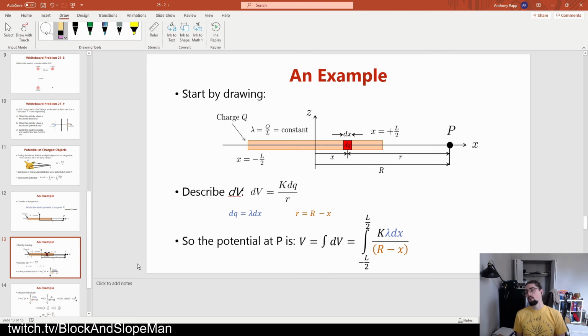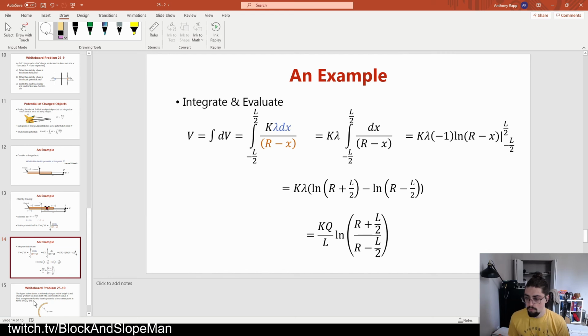So we said r is equal to capital R minus x. Then we would just need to do the integral of that. Well, k and lambda are both constants. Go ahead and pull them to the outside. The integral of 1 over r minus x is going to be negative natural log of r minus x. So keep in mind that, let's do this in green again, the integral of 1 over x is equal to natural log of x.